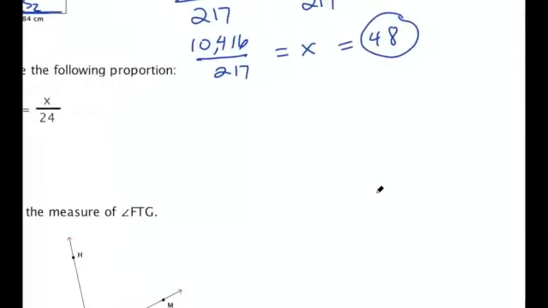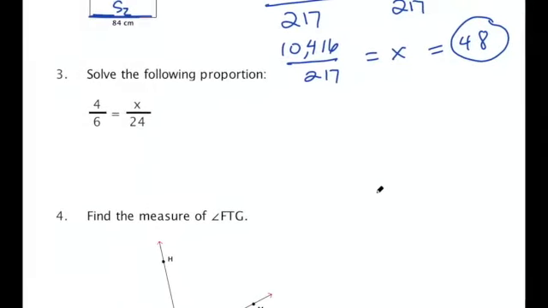Okay, there's a couple ways we can attack this proportion here. When you're looking at this, you could do the same method, cross multiply and divide, but I did that above because I couldn't see a connection. Here I can look and say, oh, look, that's times 4. 6 times 4 is 24. So I can just multiply that by 4. And sometimes when we have that connection, it's a little bit easier, right? So 4 times 4 is 16. So you're just simply putting in 16. Now, what if you didn't see that?